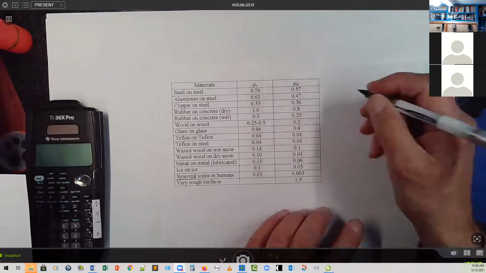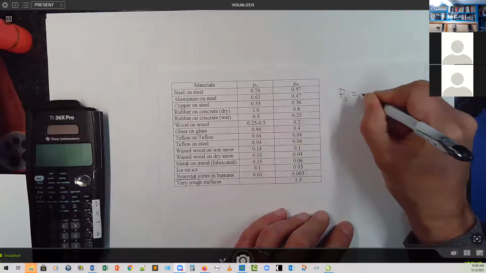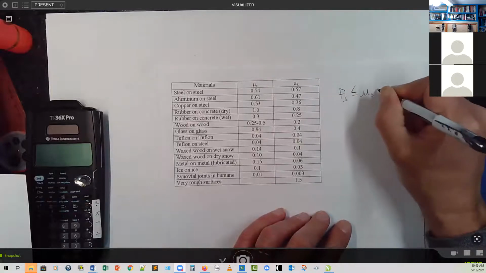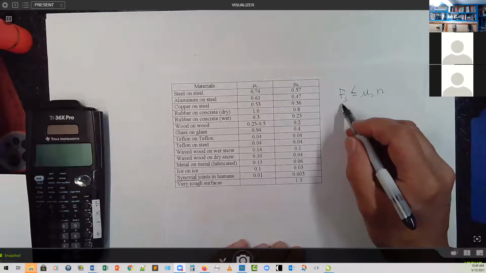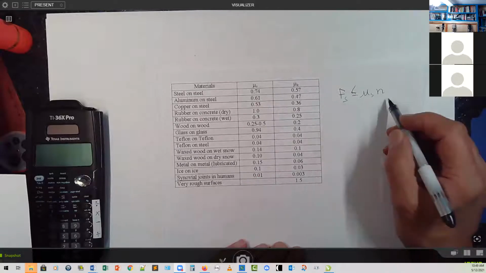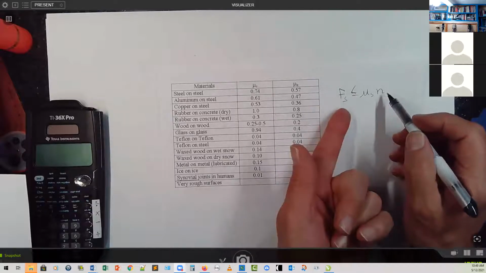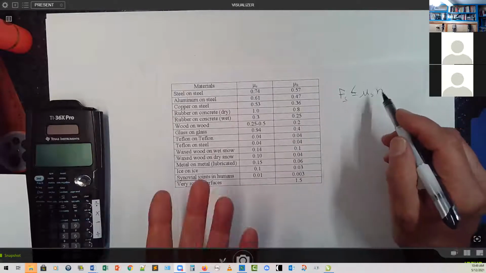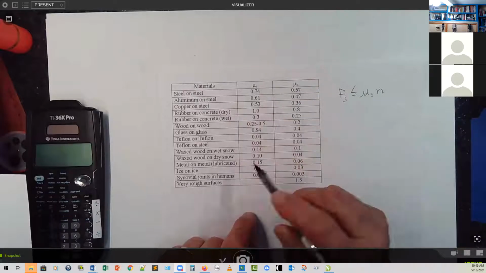So if you remember, the static frictional force is less than or equal to mu sub s times n. This will be measured in newtons. This will be measured in newtons. So you've got newtons on one side, newtons on the other. You can't introduce any other units or you couldn't have an equality. So that's why these things are dimensionless.